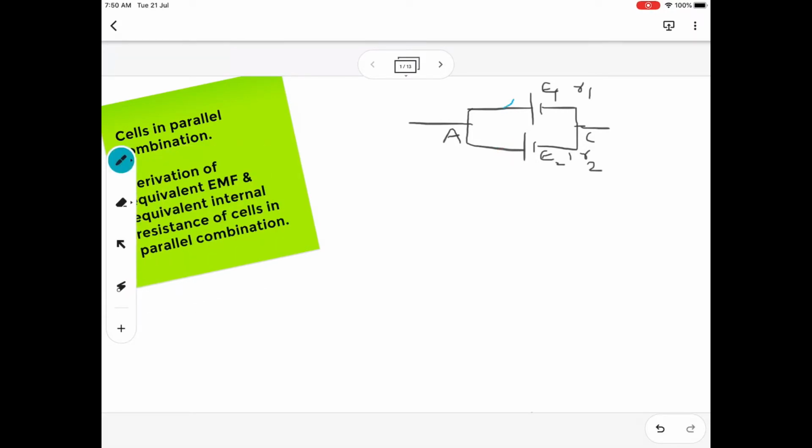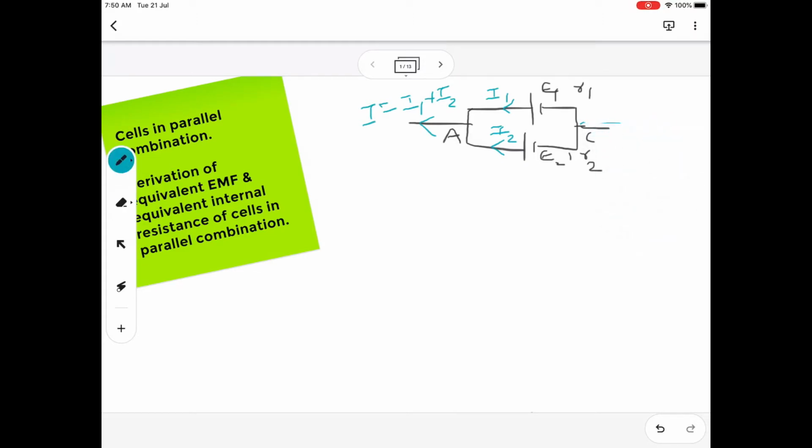As the cells are found across different branches and the cells are non-identical, they may be supplying different amounts of currents. So let's mark the currents to be I1 and I2. Those which go towards the junction A combine to decide the net current.